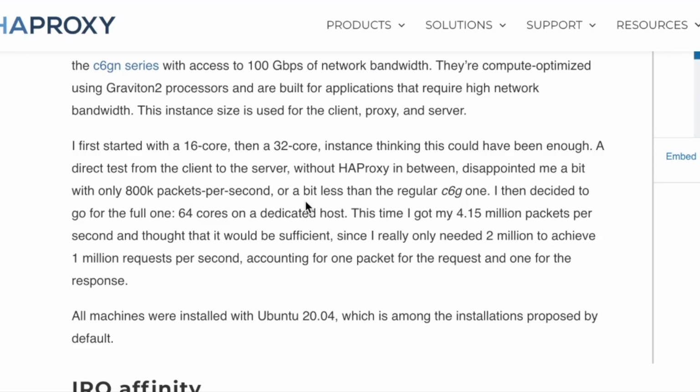This machine is not even close to how many packets you can get. This machine gave you 4 million. So this is not just the machine. The operating system cannot possibly output more than 4 million packets per second. So we still have so much to go. In my opinion, 100 gigabits can give you 100 million if you are efficient enough.